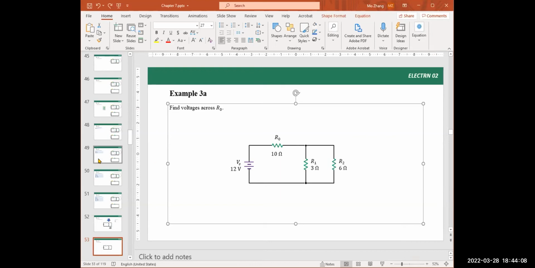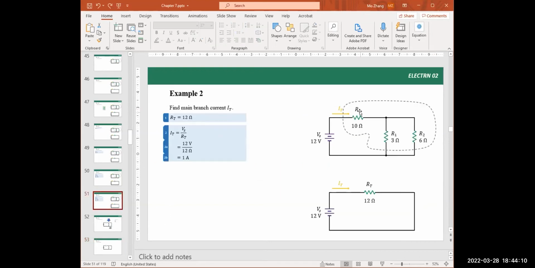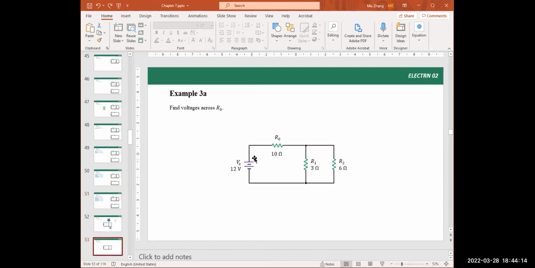From step 2, we know the current equals 1 ampere. 1 amp of current flows in this wire, and even 1 amp returns to the source. So either here or there, both carry 1 ampere of current. So how can we find the voltage drop here, across R0?